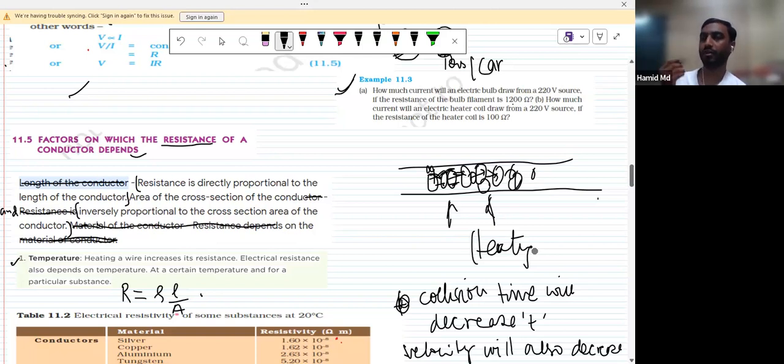If the velocity increased, the current would increase and resistance would decrease. But with the heating effect, the thermal vibration of atoms increases, so the velocity decreases, and then resistance increases. Clear? Yes.